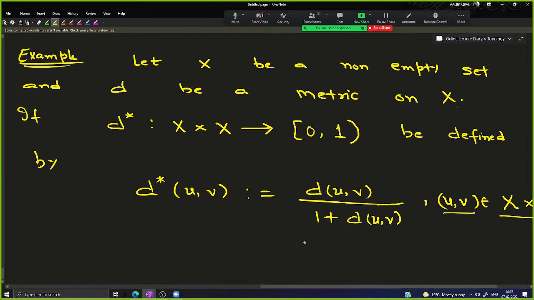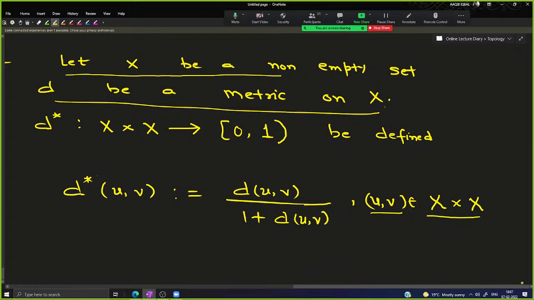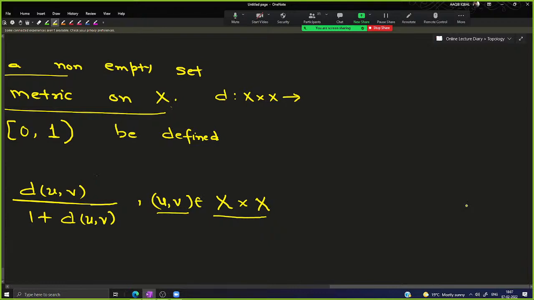Our assumption is: let X be non-empty and d be a metric on X. When I say d is a metric on X, it means d is a mapping from X cross X, और ये कहाँ जाती है? Since it's a metric, it goes into this set [0, infinity). Right? तो ऐसा होगा.